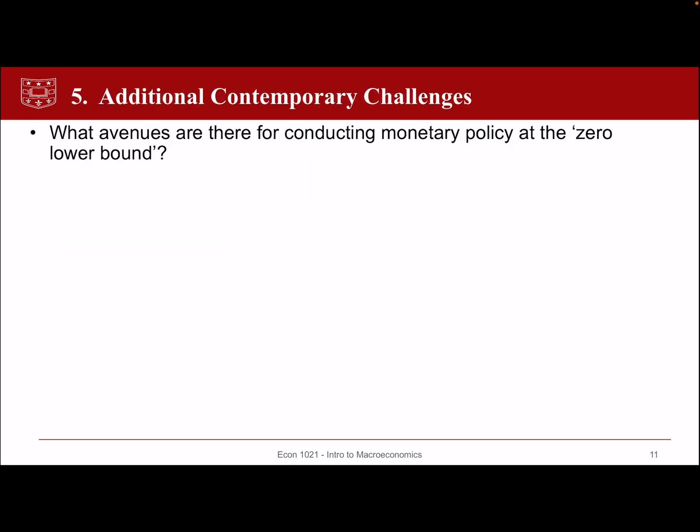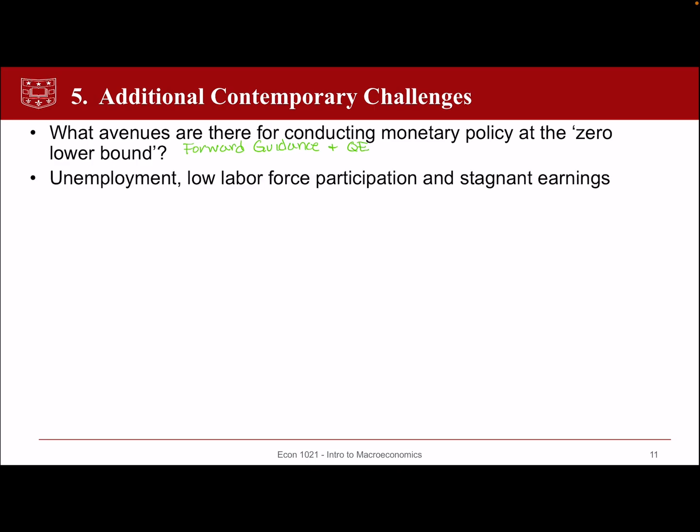And then finally, we have a number of things that just represent significant challenges for the US and perhaps other economies going forward. So, for the US, we've talked about the idea of forward guidance and quantitative easing as being options for the conduct of monetary policy when interest rates are at their zero lower bound.